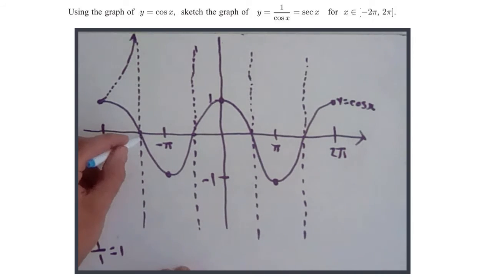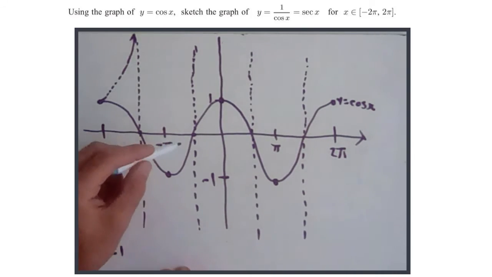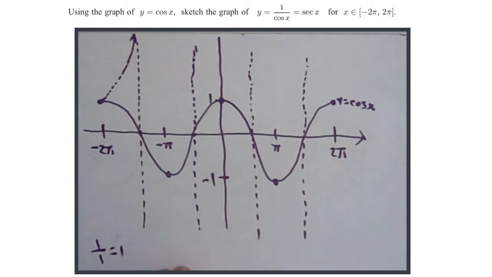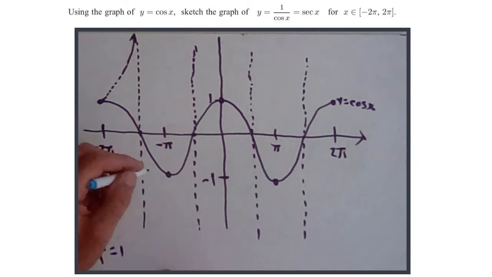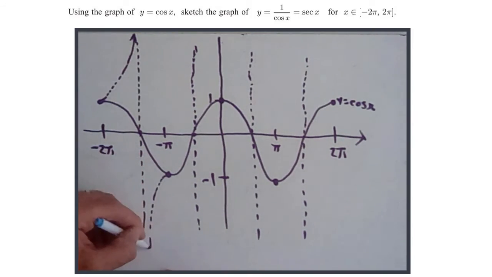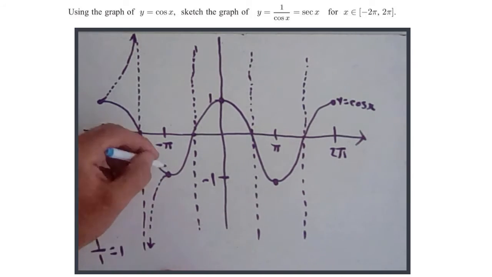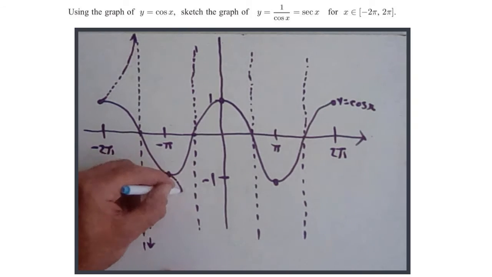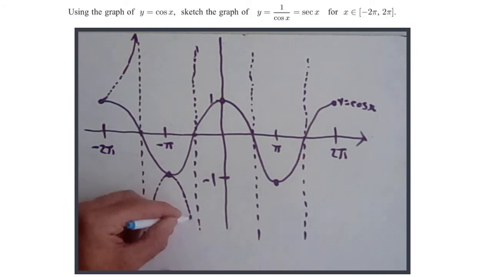So when we divide by not much here, we're going to get a lot. When we divide by not much here, we're going to get a lot, but it's all negative. When I say a lot, I mean a very large negative number, and it's going to start from minus 1. So this function is going to go here to that asymptote, and then it's going to come around to that maximum, and then go to the other asymptote like that.